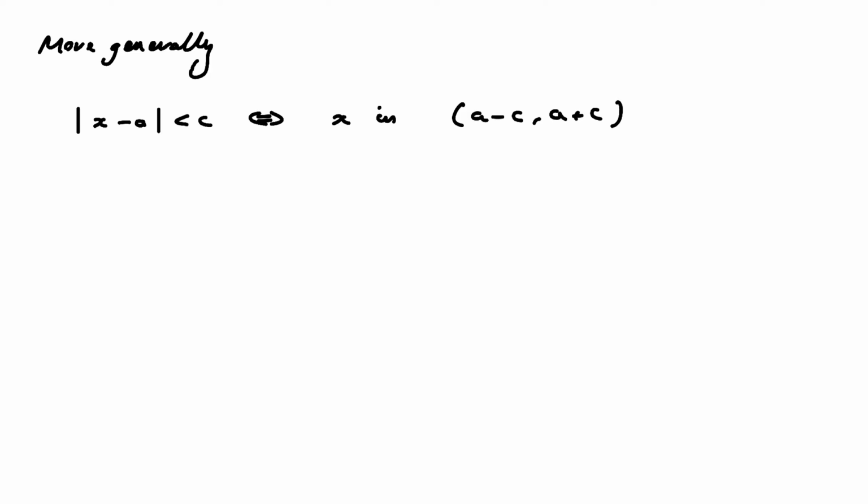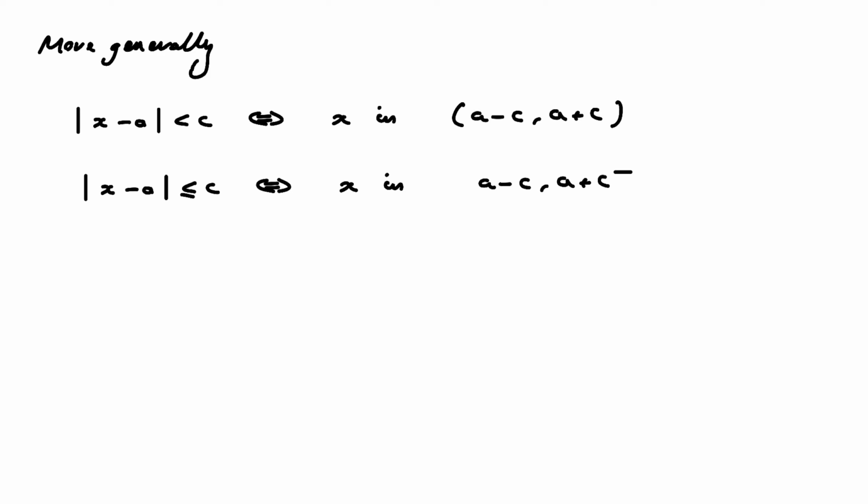And we often call a the center of the interval. It would be slap bang in the center. This is an open interval because I'm not inclusive of c, because I'm not equal to c. You could also have the less than or equal version, and it would be exactly the same, but with a closed interval.